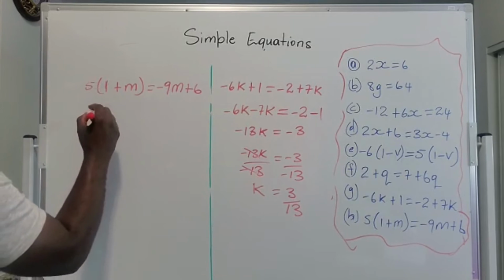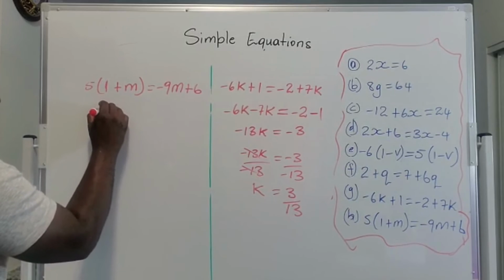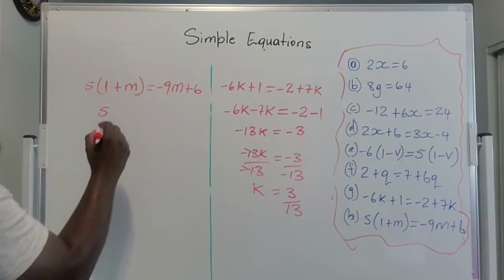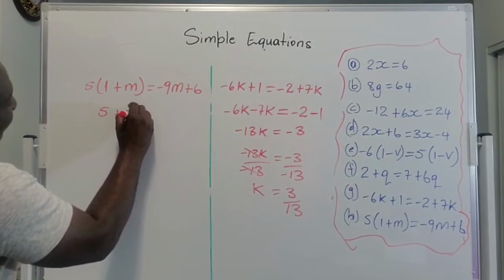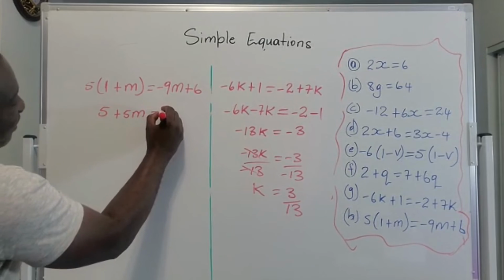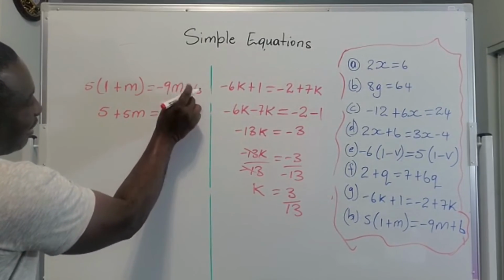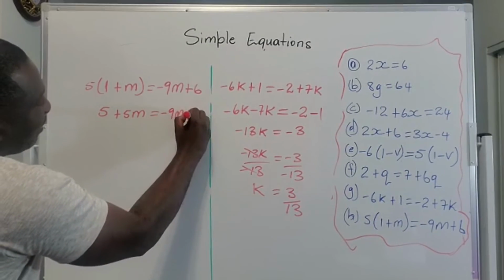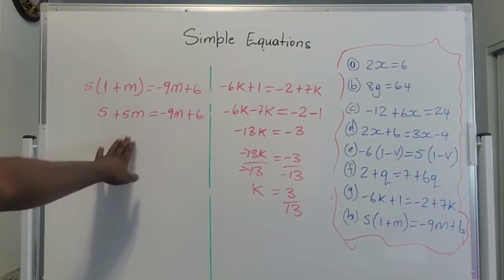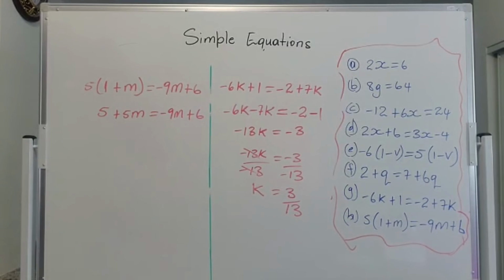5 times 1 will give us 5. 5 times m being positive will give us positive 5m. Maintain my equal sign. Negative 9m plus 6, nothing to multiply here. Now what was our next step? I'm going to keep all my m's on the left side.